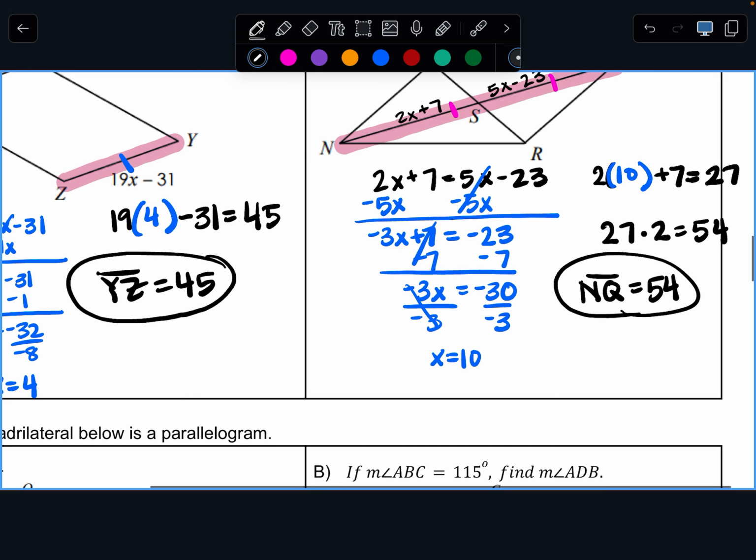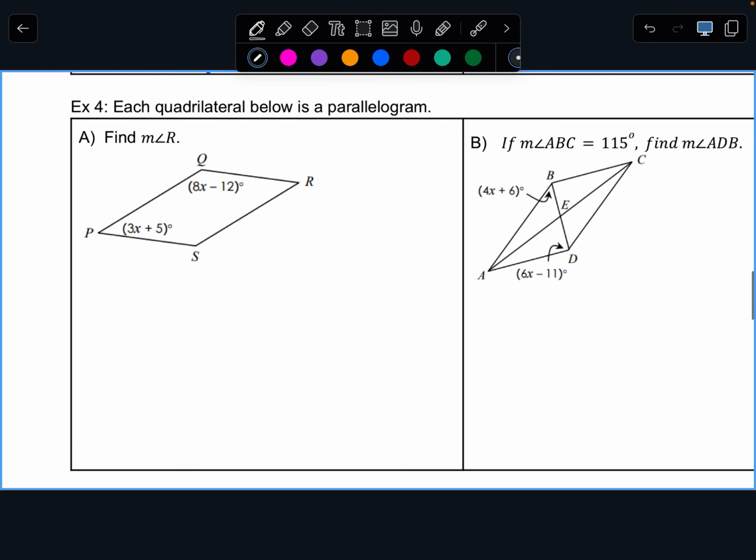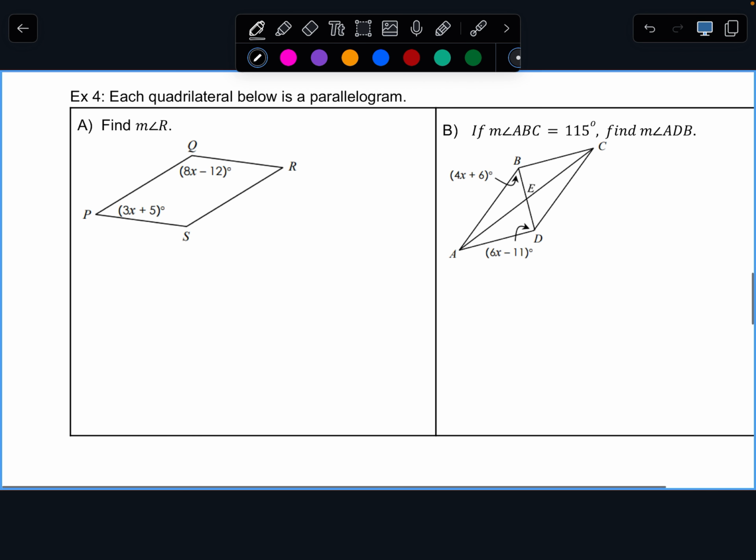Now let's work on angles. So we're given the measure of two angles. It wants us to find the measure of angle R. So this is what we're trying to find. One of the properties of a parallelogram is that angles on the same side equal 180.